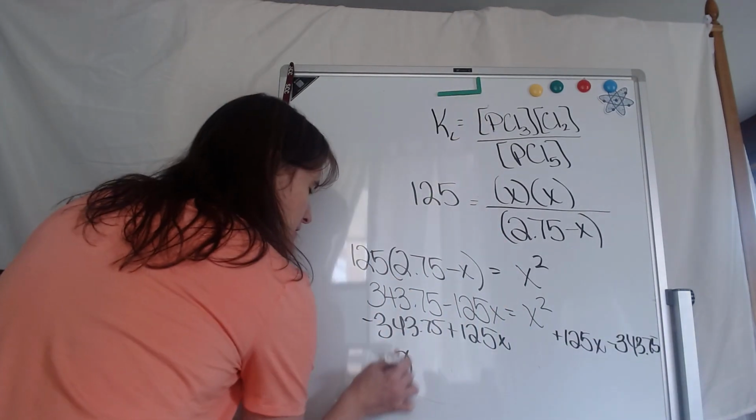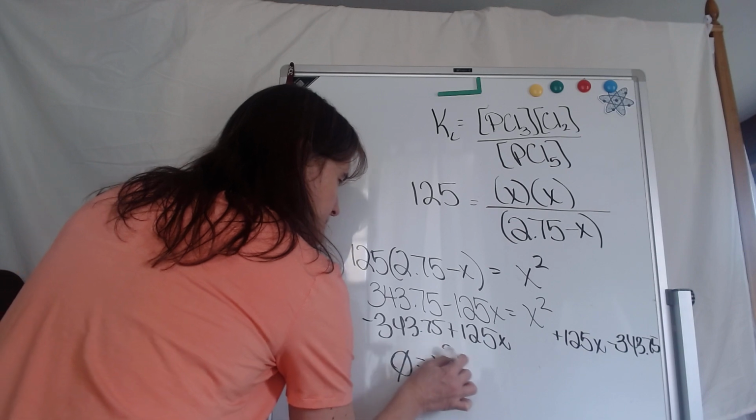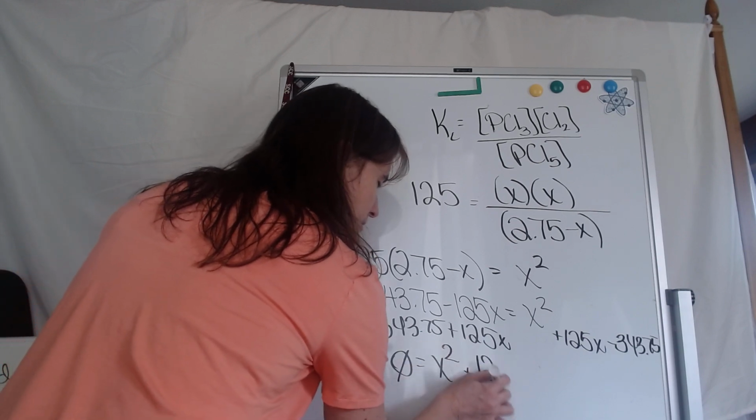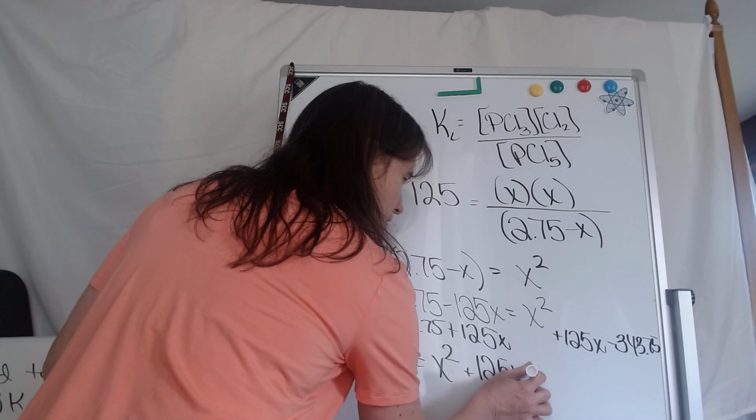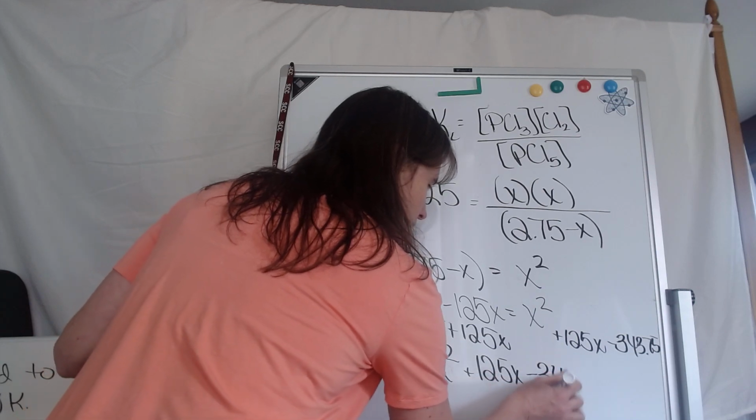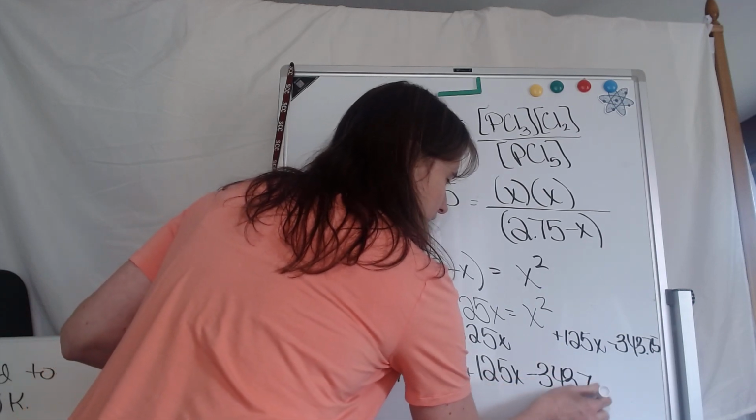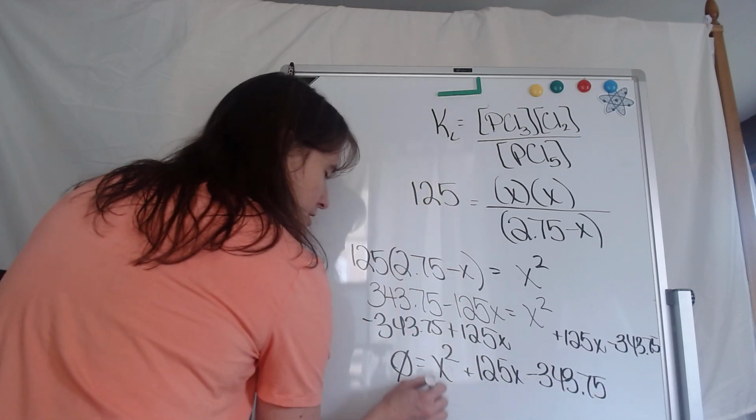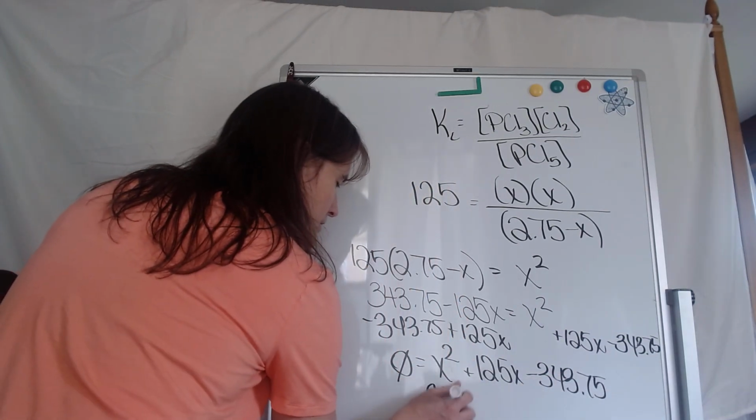So I end up with 0 equals x squared plus 125x minus 343.75. So our A term is 1.